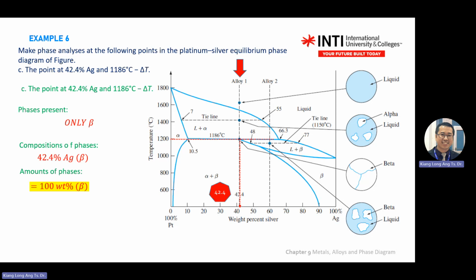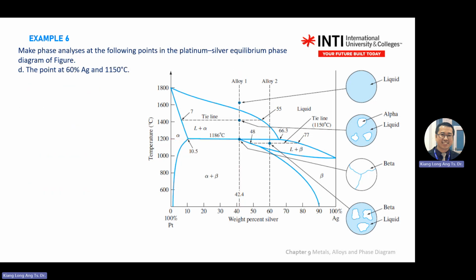Okay, this one. Don't confuse this one with the earlier eutectic graph and the peritectic. So for C, it gives you another new point, 60% Ag, on the graph, at another new temperature, 1150. 1150 is about here.